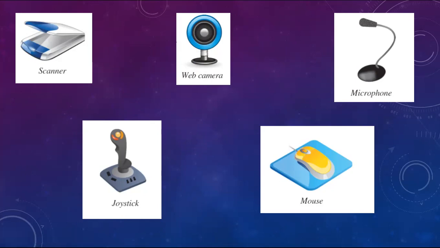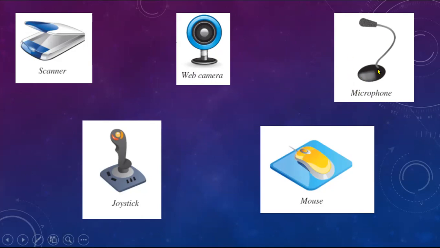When you want to talk with your friends and you want your friend to watch you, you need a webcam. Your video will be saved in the computer and then sent to your friend. He can watch you, right? So this is the webcam, and it is an input device.